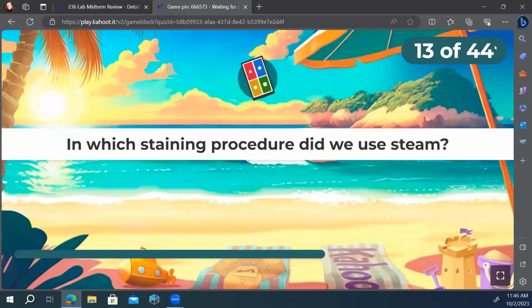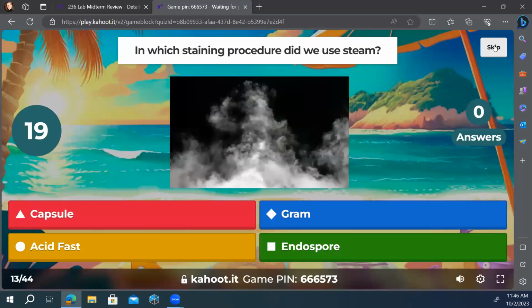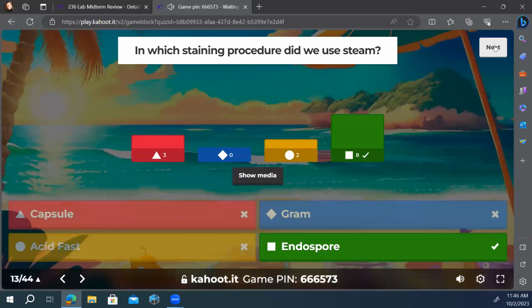In which staining procedure did we use steam? Yeah, so that is the endospore stain.